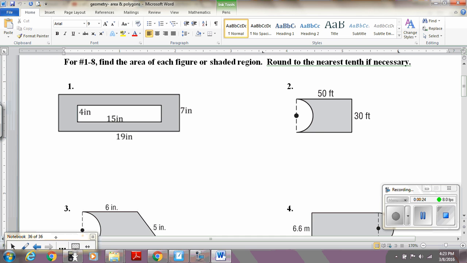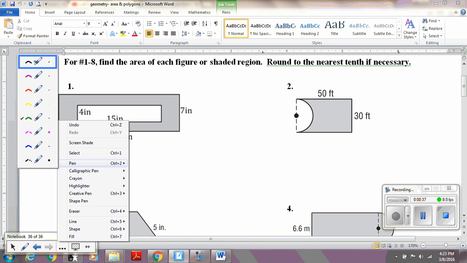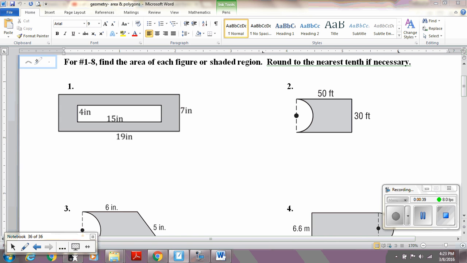So on number one, the shaded region can be found by taking the area of the larger rectangle and subtracting the area of the smaller rectangle. Again, I'll number it. This is 1, that's 2. So find the area of 1 and subtract the area of 2.